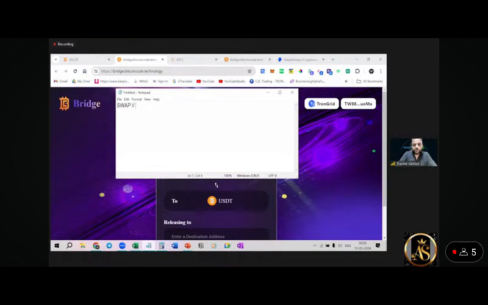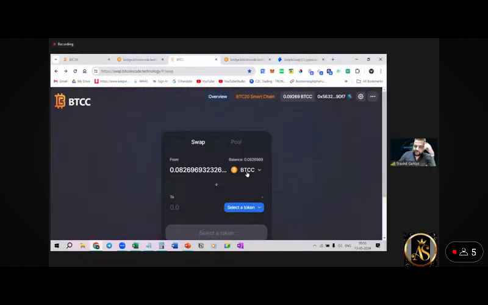One of them is swap and the other one is bridge. These two features are very, very important and they are practically very, very different. First of all, we will speak of swap. When on a certain blockchain we sell one asset and transfer it into another asset, it's basically called swapping.